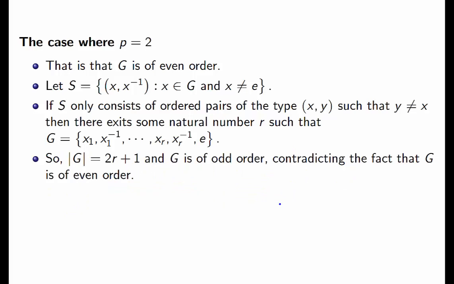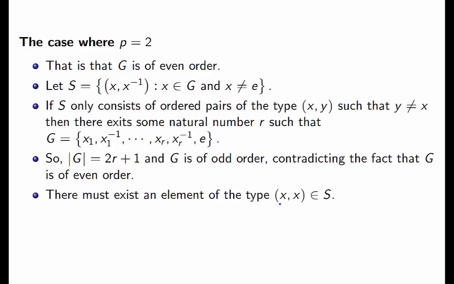Okay, so this is telling us that there must exist at least one element of the type (x, x) in S. But the fact that this is an element in S implies that x must be its inverse.